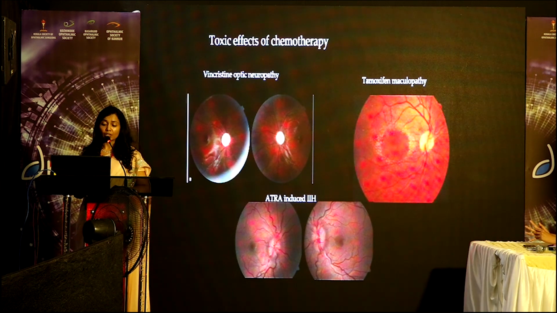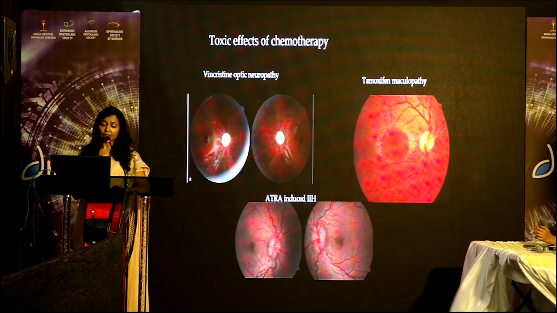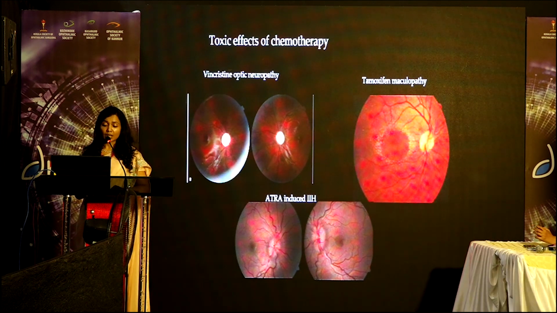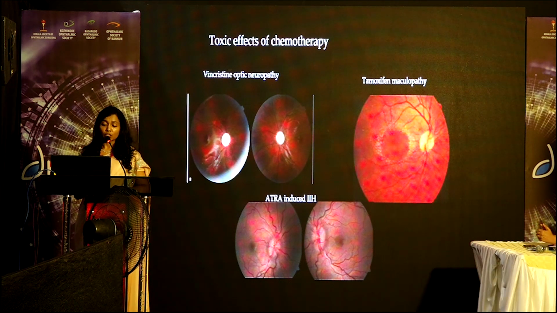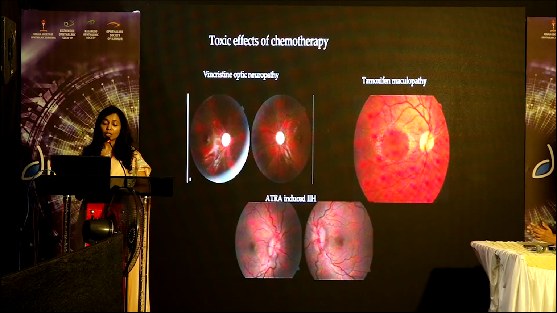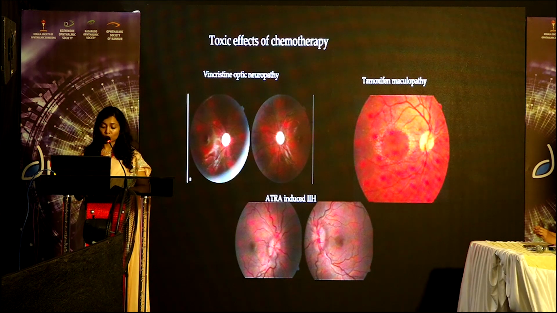And retinoic acid-induced IIH is something we see in our clinic with neurology. When they start the patient on retinoic acid, these patients can develop disc edema, and they need to be monitored, and accordingly they titrate the dosage of retinoic acid.